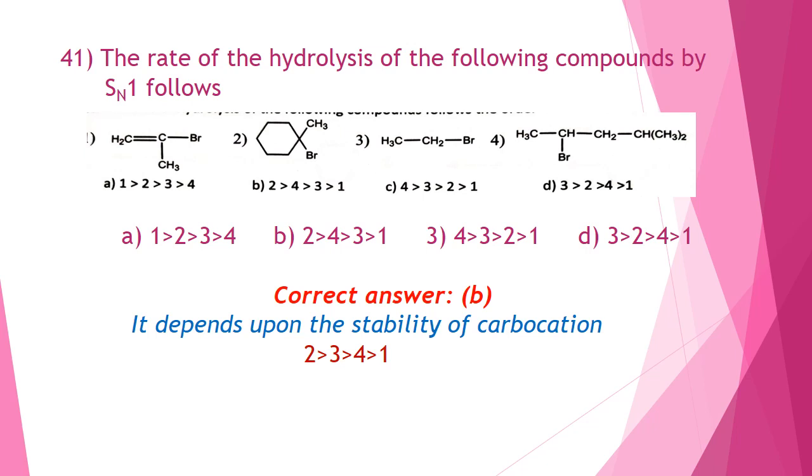In the following substrates, the intermediate of substrate 2 is more stable than 4, which is more stable than 3, which is more stable than 1. Therefore, the rate of solvolysis for substrate 2 is greater than 4, which is greater than 3, which is greater than 1. The correct answer is B, 2 greater than 4 greater than 3 greater than 1.